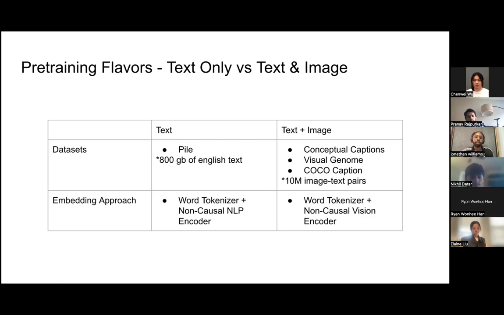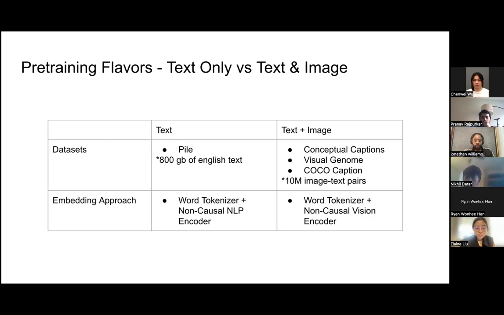This is 800 gigabytes of natural English text pulled from diverse resources: academic resources, Wikipedia pages, and straight from the internet, like social media platforms. It's a huge data set and took many days to train, but that was used to train the text-only version of the MetaLM model.